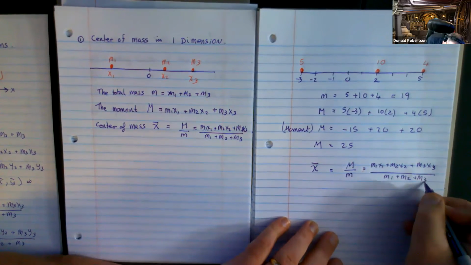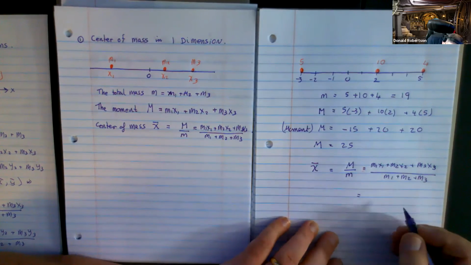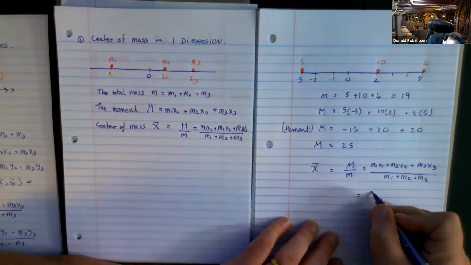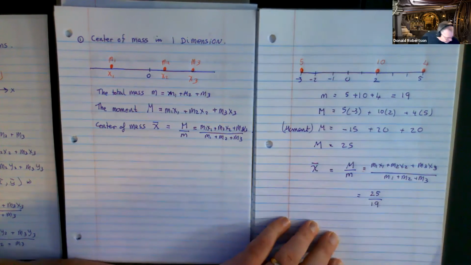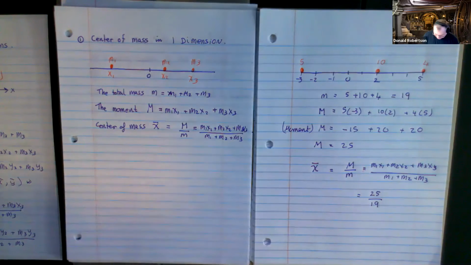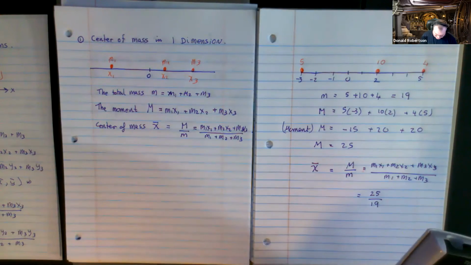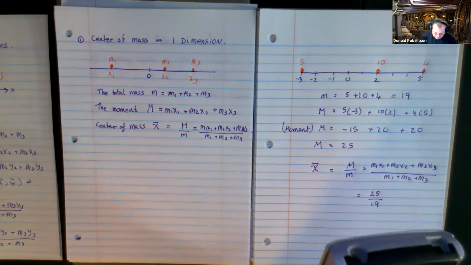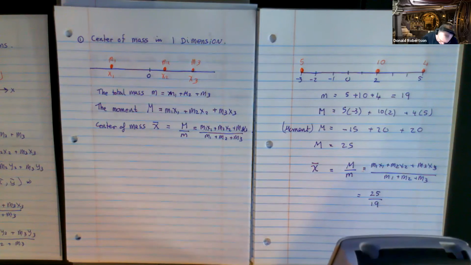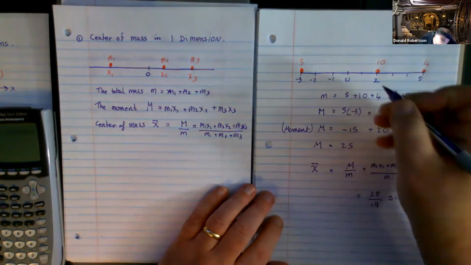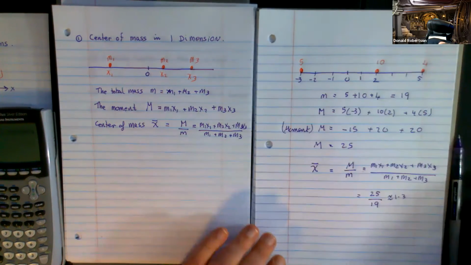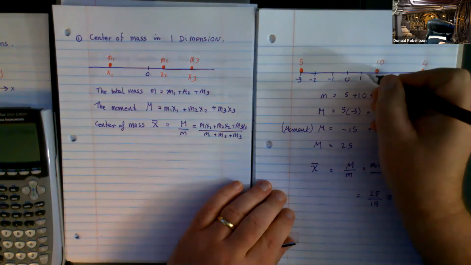In this case, 25 is the moment and 19 is the mass. And the answer is 25/19. 25 divided by 19. And the answer is about, whoops, it's about 1.3. So somewhere around about here.